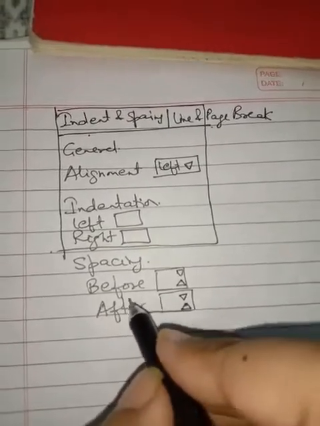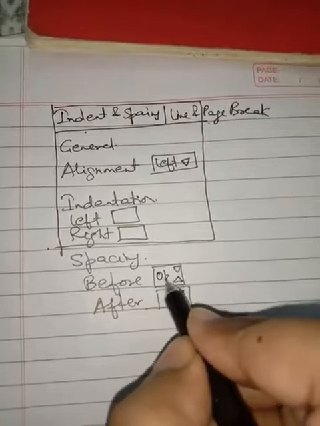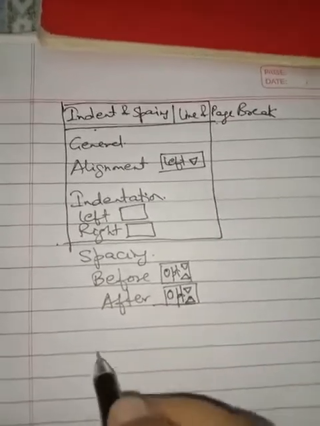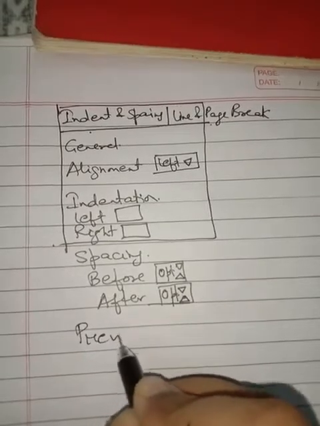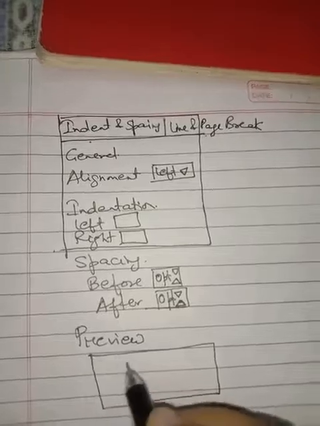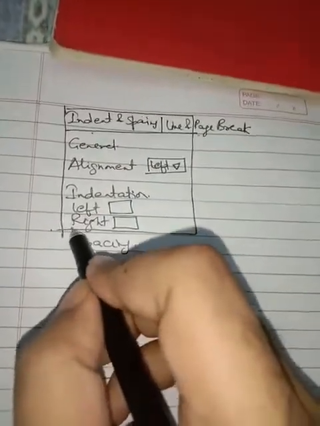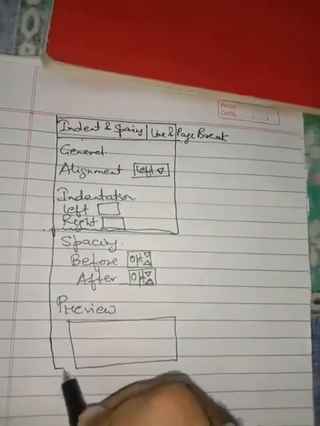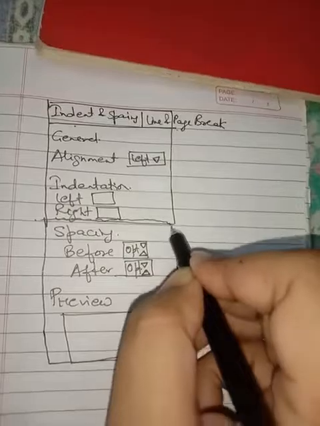By default 0 point will be written here, and here also 0 point, and here will be a preview window. So whatever effect we make can be seen in the preview box only. We can say the entire content will come under this paragraph.